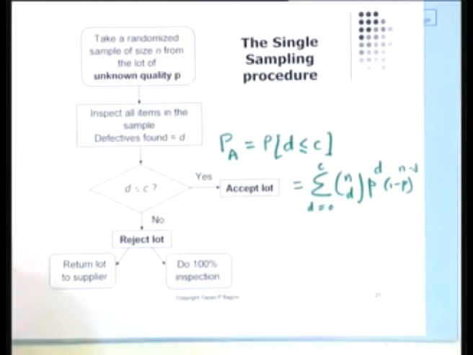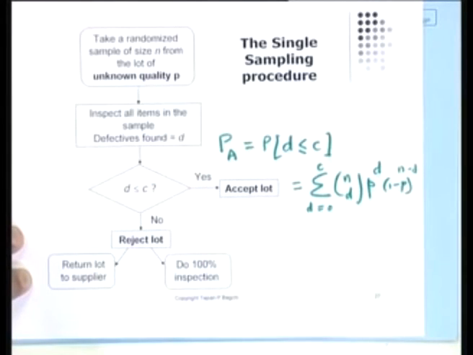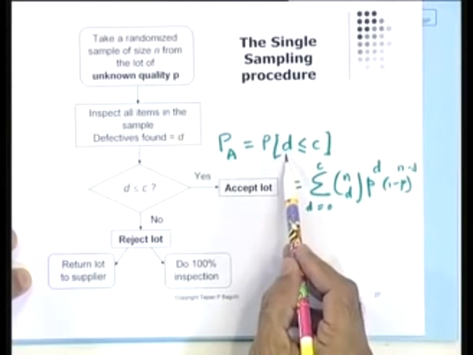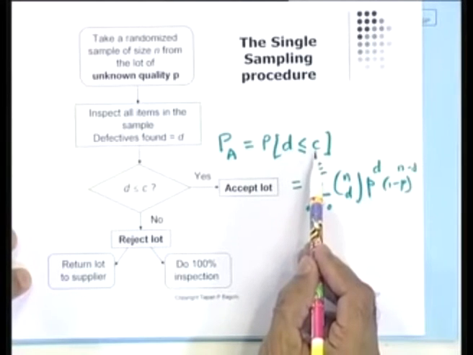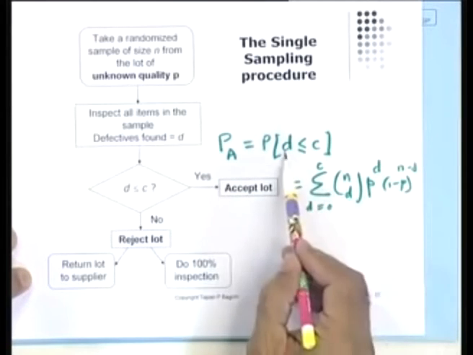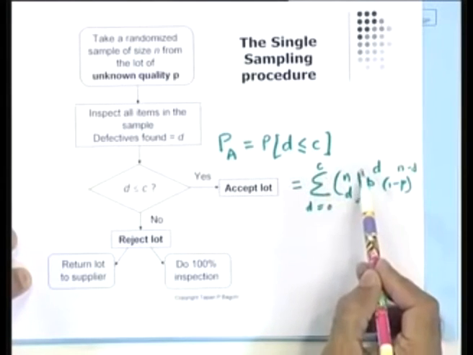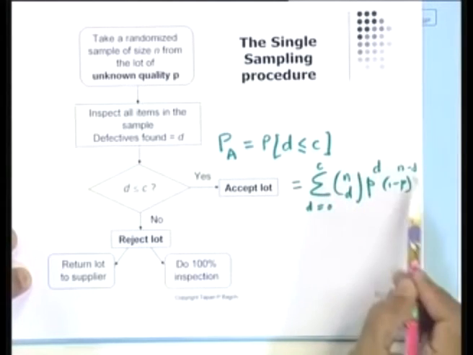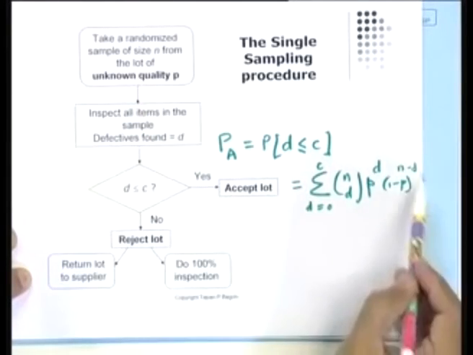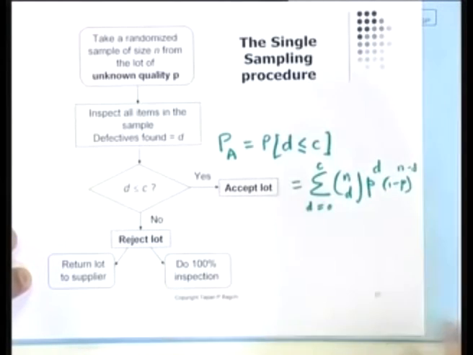This is the probability of accepting the lot. You are doing this when the number of defects you found is less than or equal to C. C is your control number. That can happen if D is equal to 0, 1, 2, 3, 4 and so on up to C, and that probability is given by this binomial distribution. If the lot is of a large size, you can use this binomial distribution to evaluate this probability. This is the probability of acceptance.